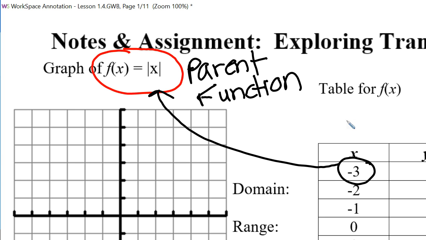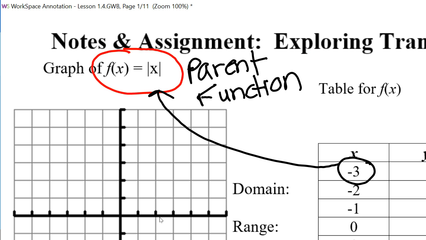Now you have learned what absolute value is. You learned that back in Algebra 1, but it's been a while. So as a refresher, absolute value means distance from 0. So if this is my number line, here is 0, here's -1, here's -2, here's -3.